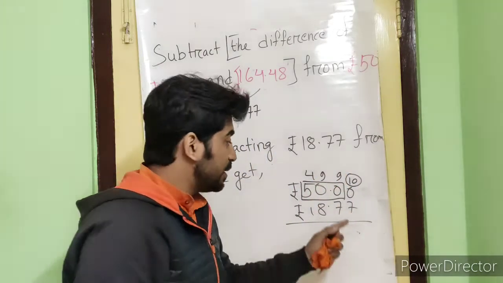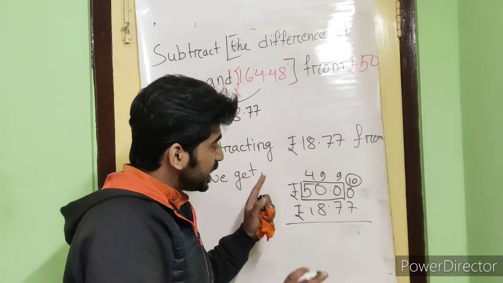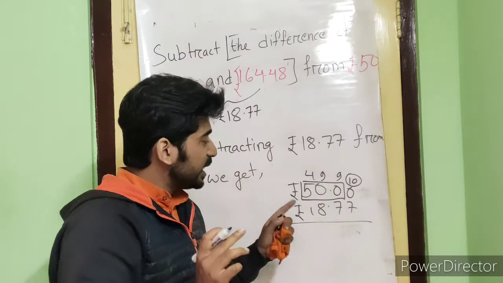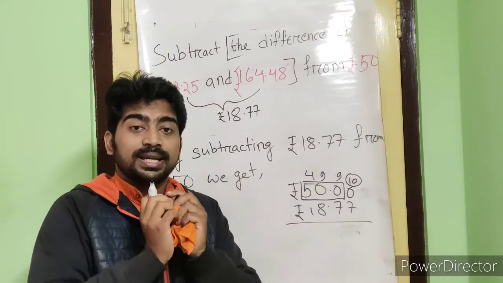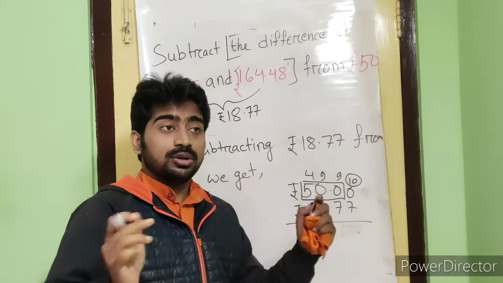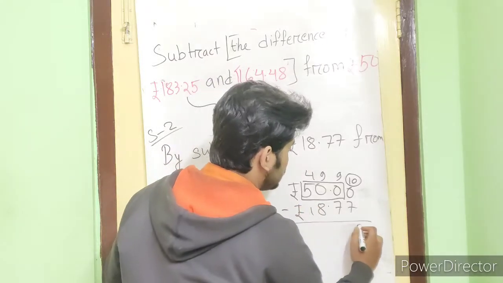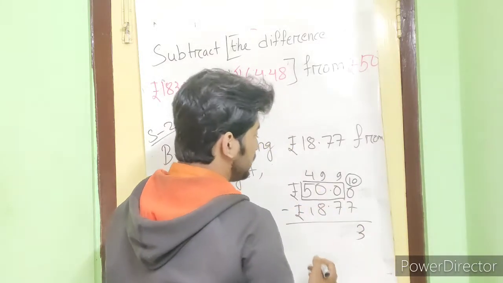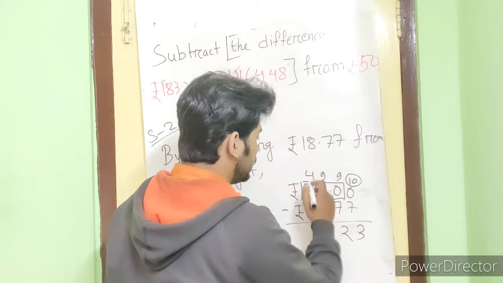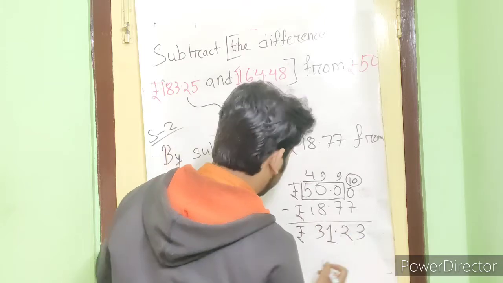You can take it anywhere, in any way, and you need to do the calculation and after that you will put the point so that you will not get confused. So 10 minus 7 is 3, 9 minus 7 is 2, 9 minus 8 is 1, and 4 minus 1 is 3, so rupees 31.23.